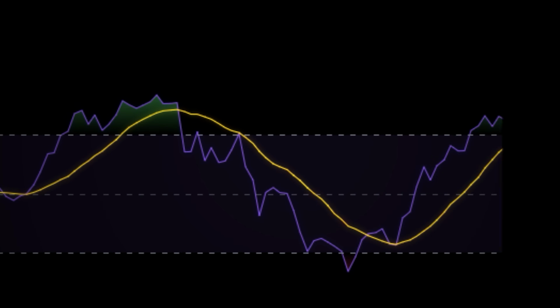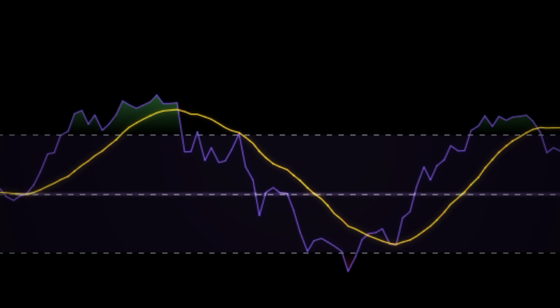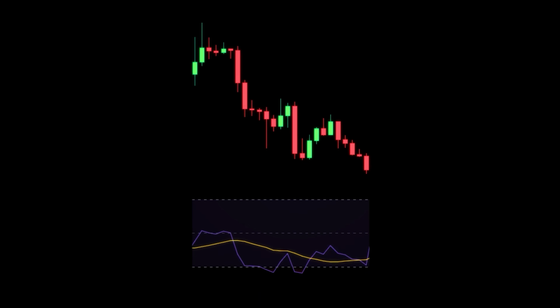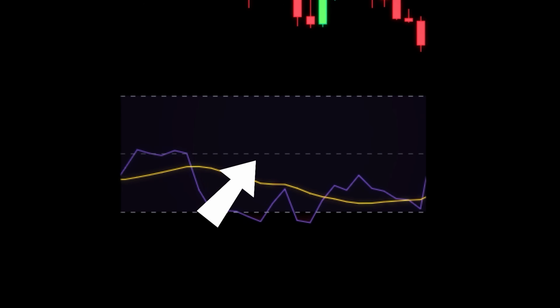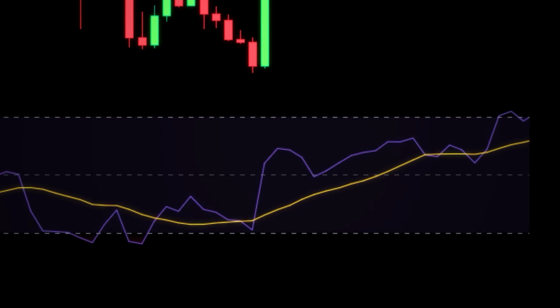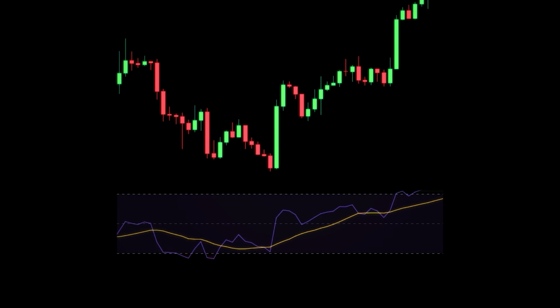The nature of RSI, or relative strength index, is that it's a momentum indicator. Because of its oscillating nature, the 50 level is actually much more important than the 70 or 30 level. If you pull up your RSI, you'll find the 50 level right in the middle. And this level is actually the key to effectively using RSI in your trading. So think of the 50 line as a momentum pivot. When it breaks above the 50, the market is gaining bullish momentum.